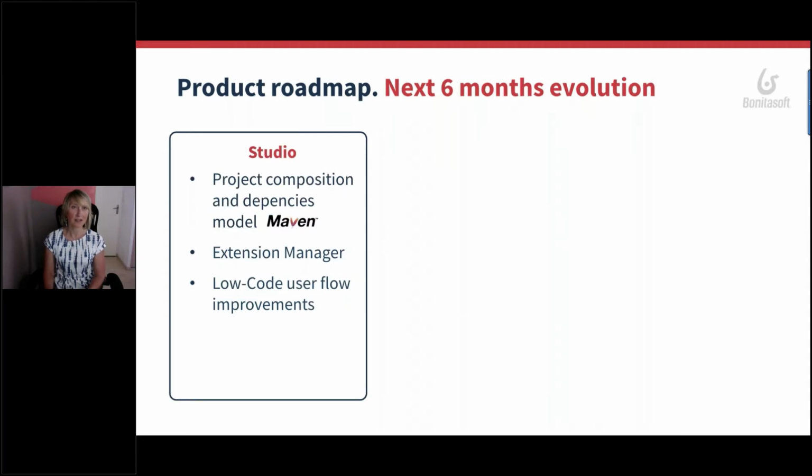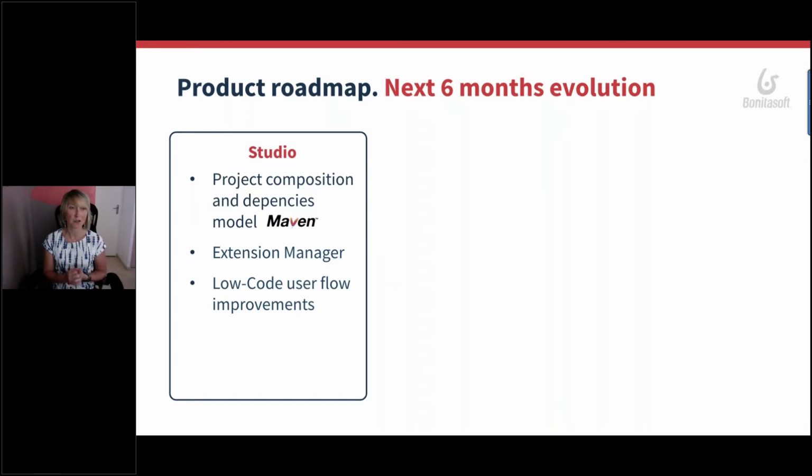So what are the next 6 months evolution for this roadmap? Starting with Studio, we are going to introduce, and that's something you are going to see later with the demo, project composition and a new way to work with projects based on Maven and based on the Maven dependencies model.